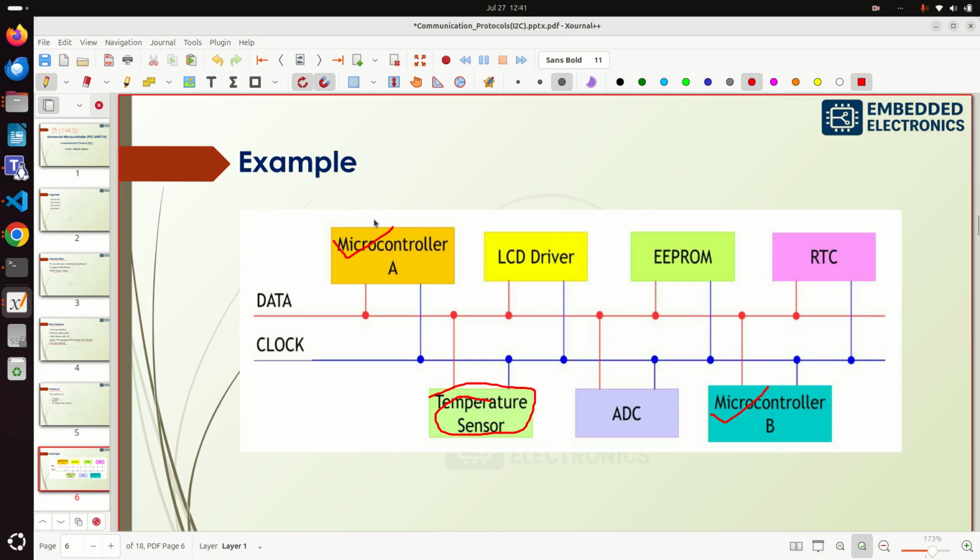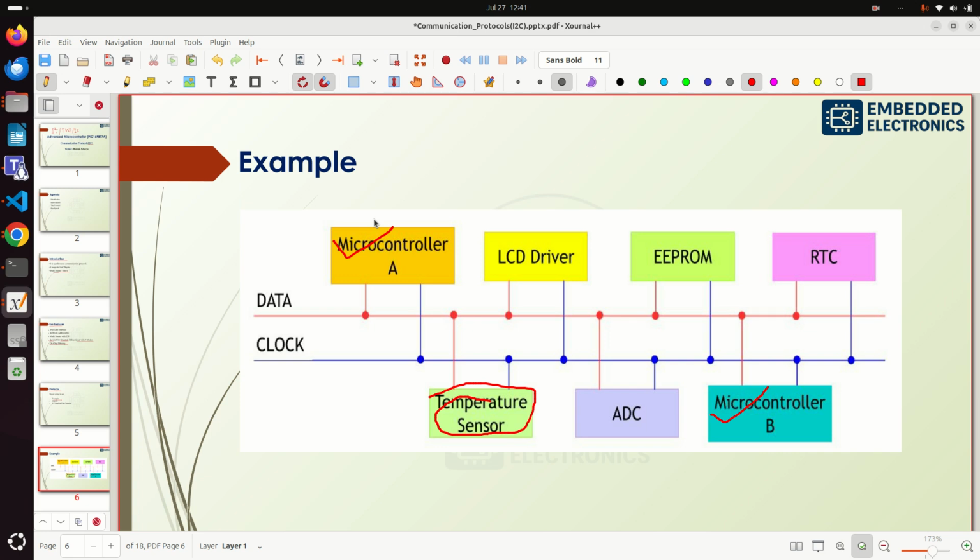Microcontroller A, being the master, wants to communicate with the temperature sensor. Usually, whoever wants to communicate is going to transmit the unique address.